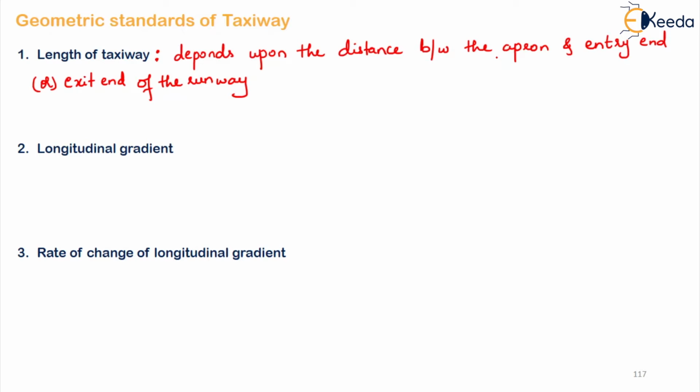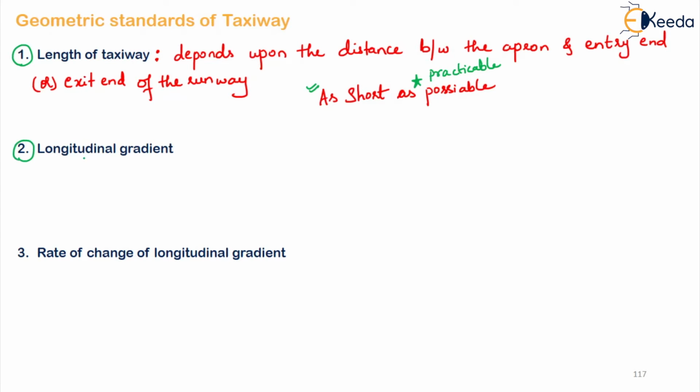Normally the limiting length of this taxiway is not recommended by any organization, but in order to save fuel, we have to keep it as short as practically possible. Theoretically we can do any calculation, but practically it should be applicable. So this is about the length of the taxiway. Moving on to the next one.